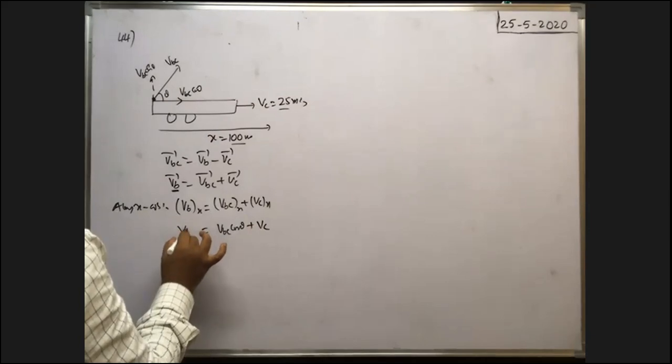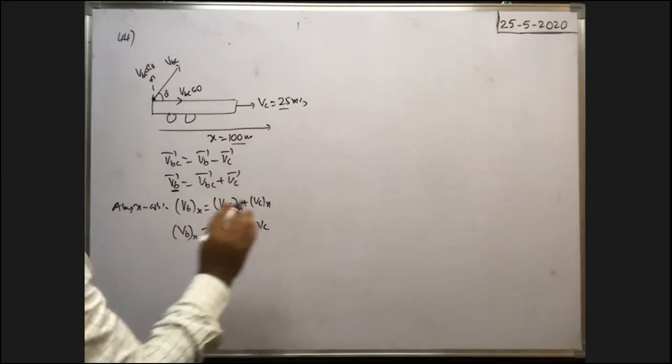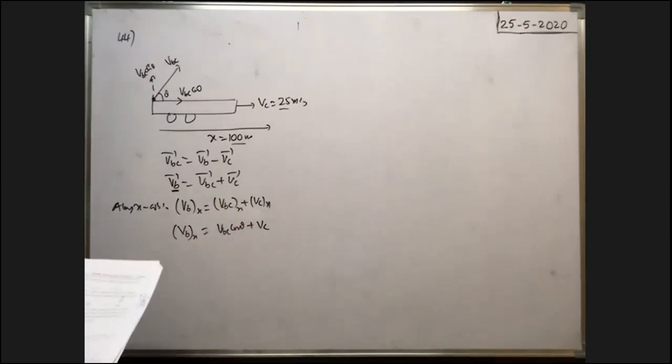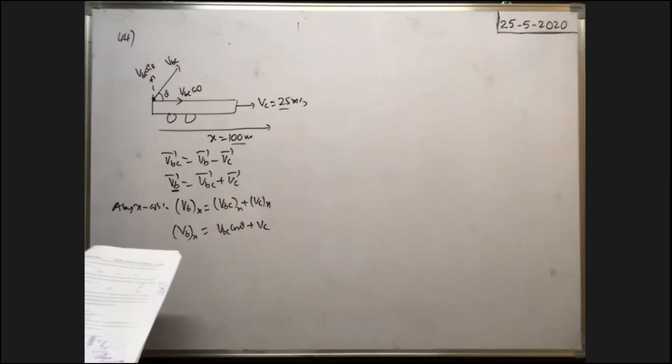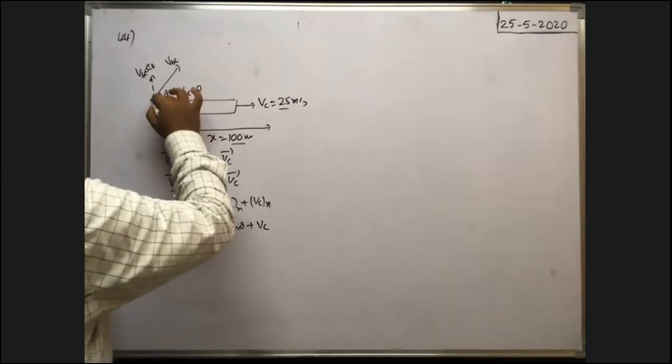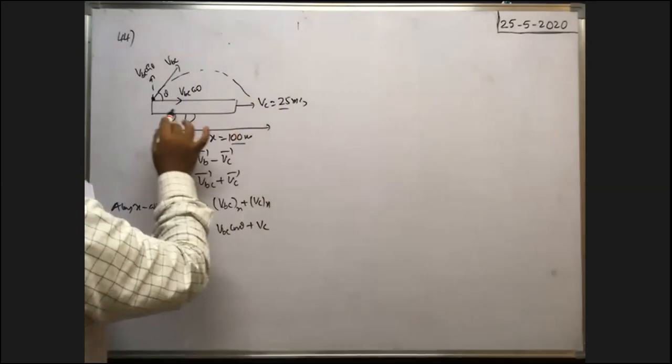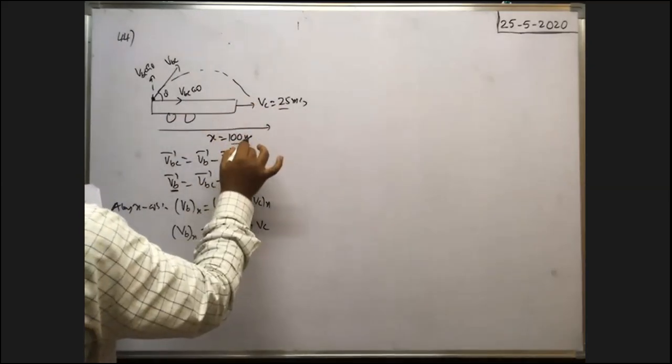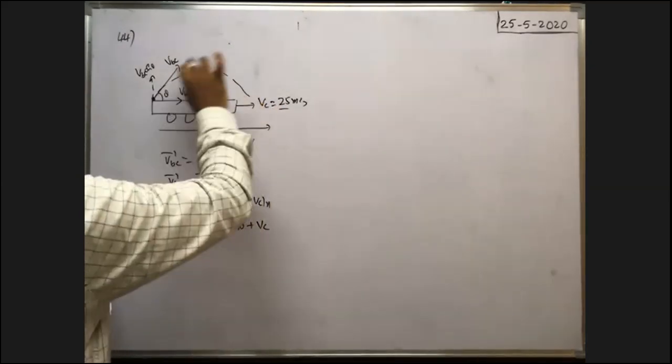Therefore, the velocity of the body along the x-axis is equal to this one. Okay, now in the time in which the car travels a distance equal to 100 meters, the ball falls into the car.